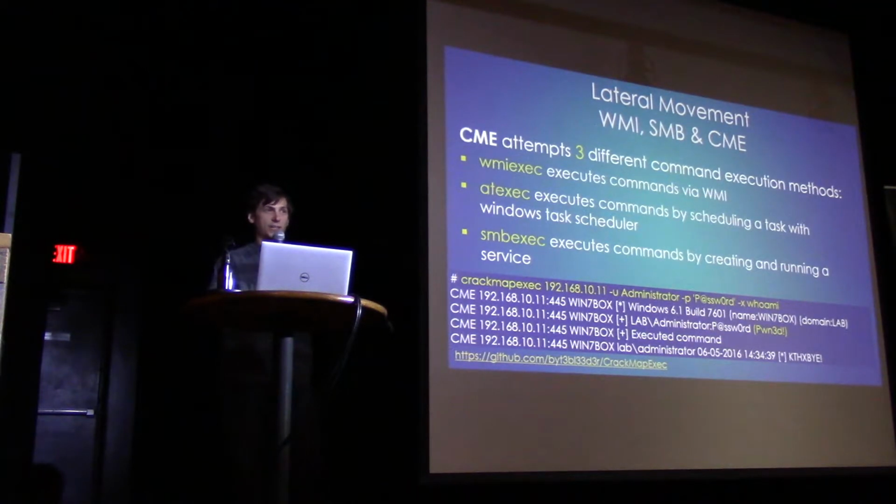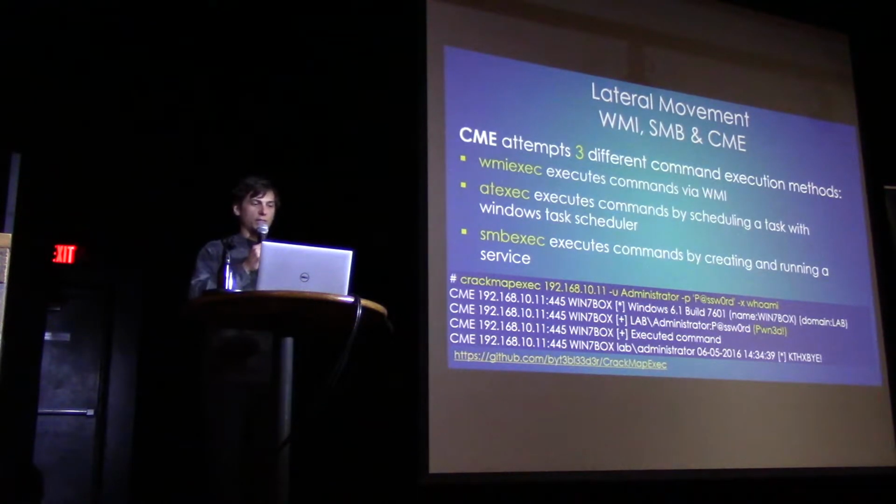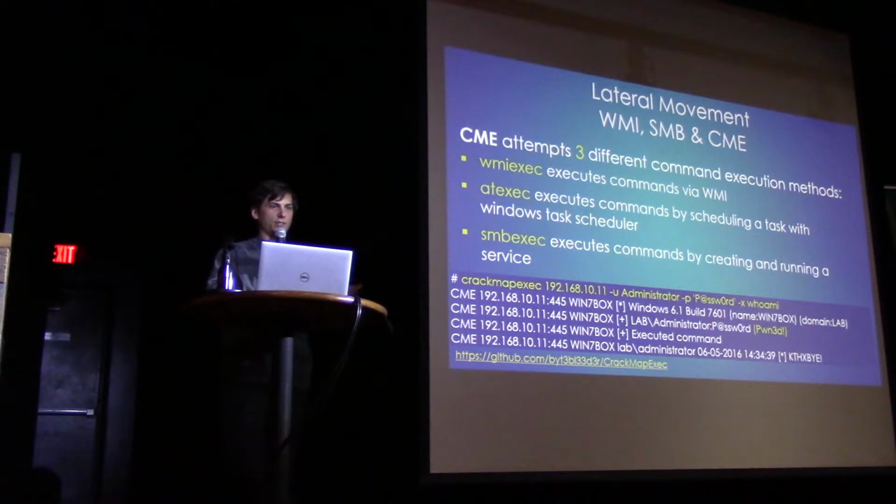CrackMapExec, I'd really like to see someone do a series on it because it does so much stuff. It attempts 3 different command execution methods, and I use this a lot from an attacker's perspective, because I really don't need to be on Windows machines. I can do everything from my Kali box and just pivot through stuff.